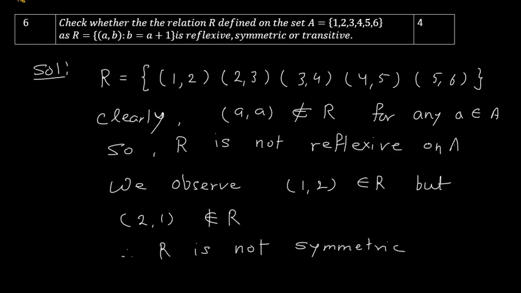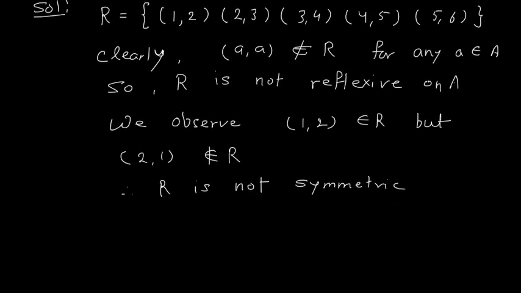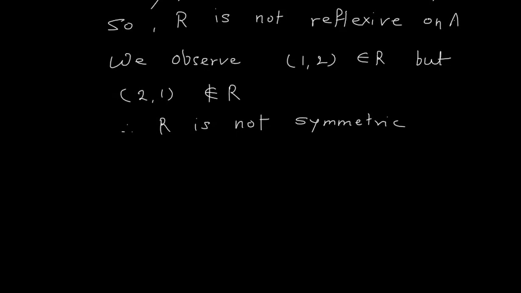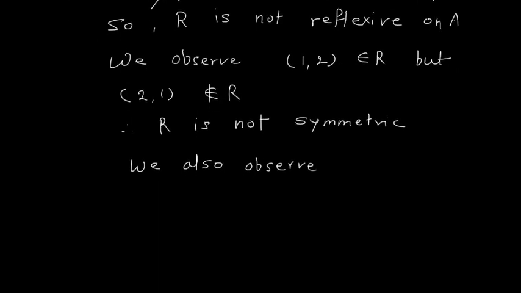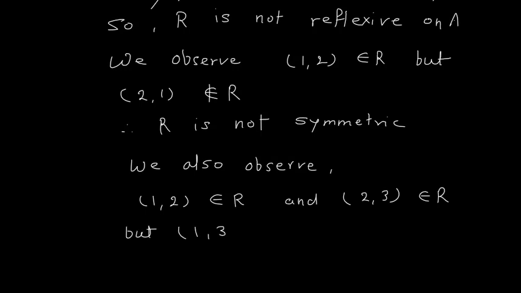And for transitive, here we also observe that (1, 2) belongs to the relation and (2, 3) also belongs to the relation, but (1, 3) does not belong to the relation. Therefore I will say that R is not transitive.